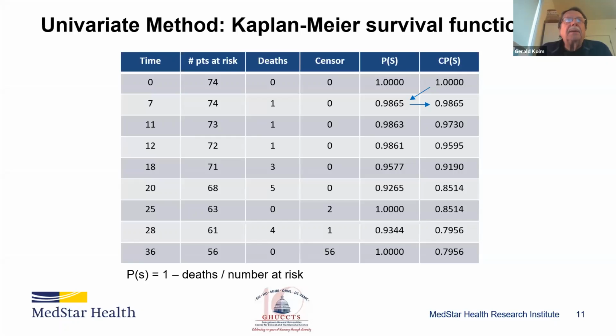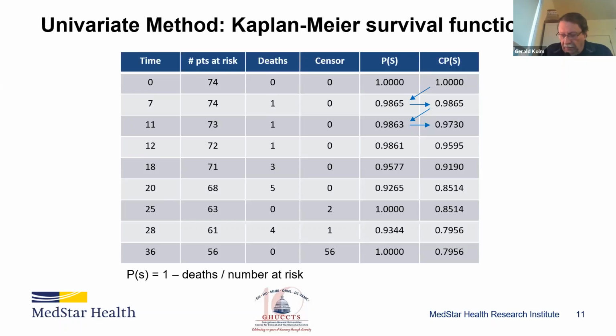So in time 11 months, we have now 73 patients at risk because we lost 1, and we have 1 death occurring. So the probability of survival now is 1 minus 1 over 73. And so then we multiply that by the preceding cumulative, and we get this number, 0.973.